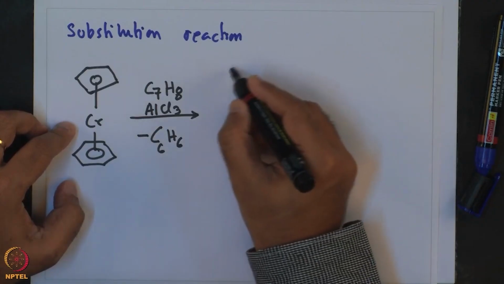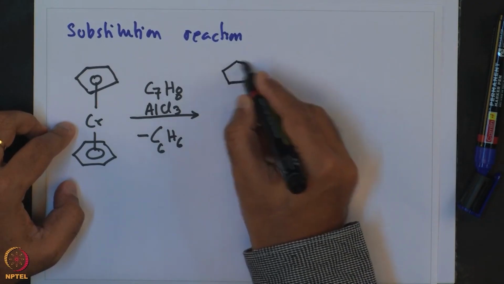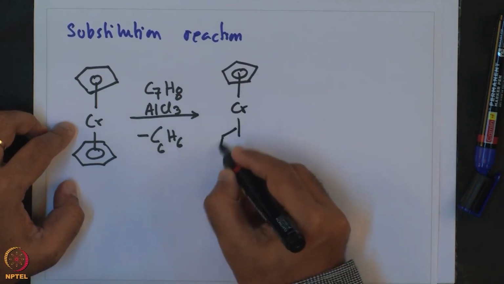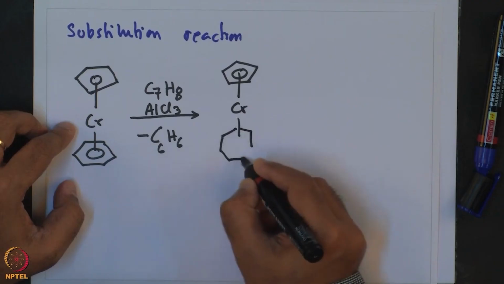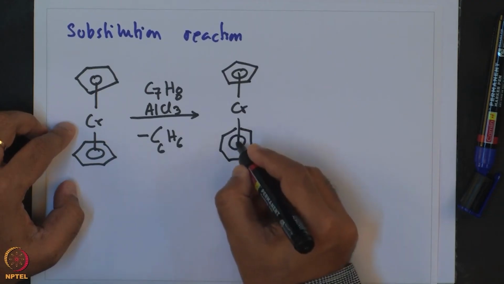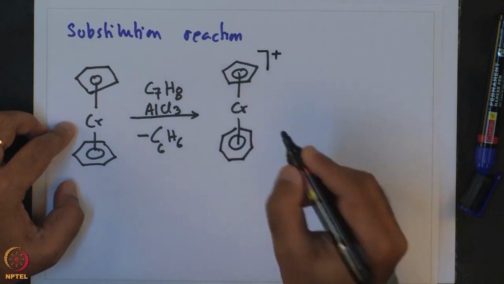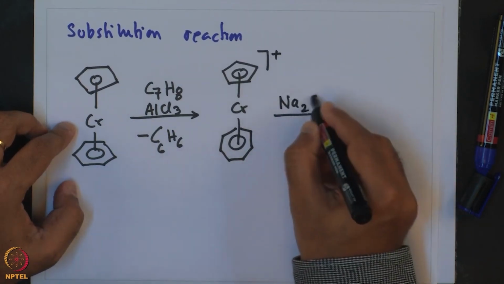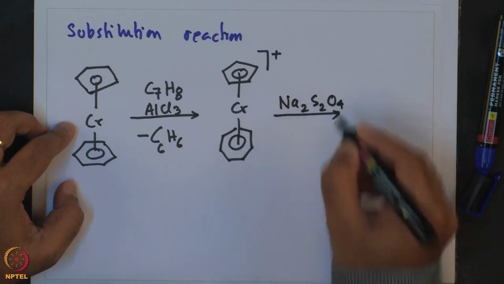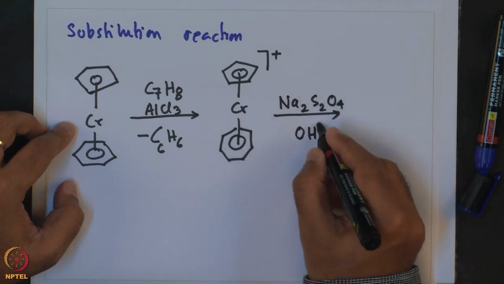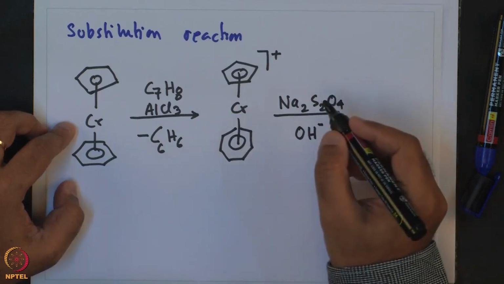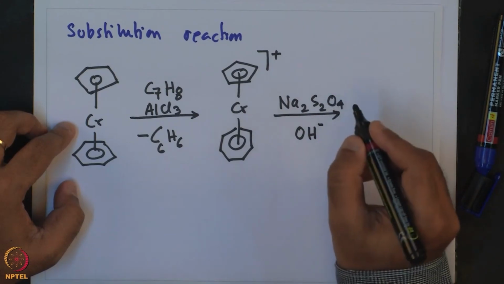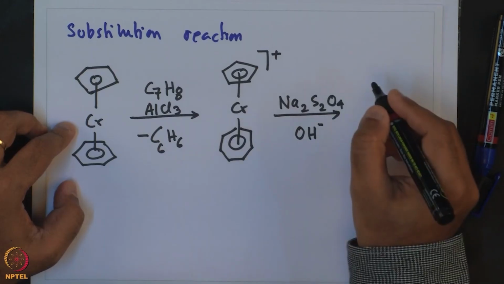to give this cationic chromium complex, that with Na2S2O4 and OH minus gives the corresponding neutral complex.